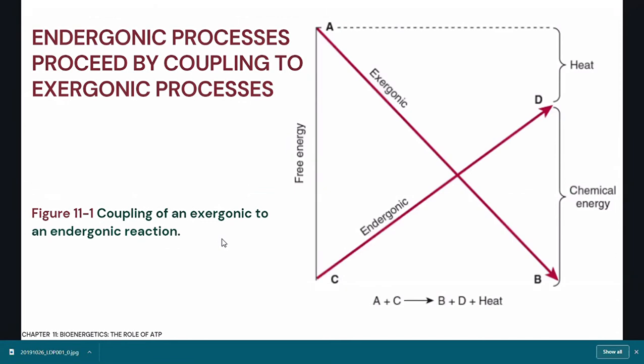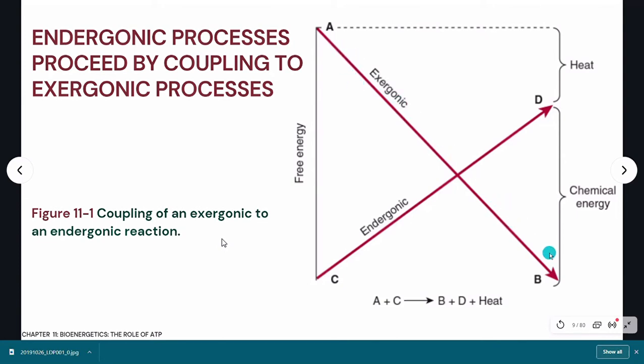We have here an exergonic reaction, which is from point A going to point B, what is called a downhill reaction. Going down.